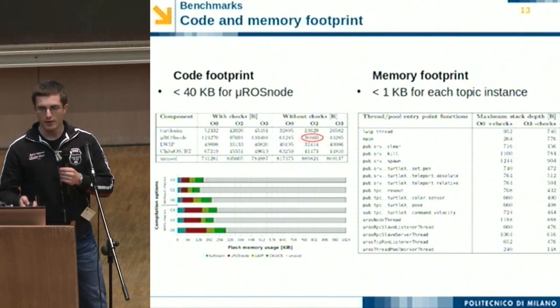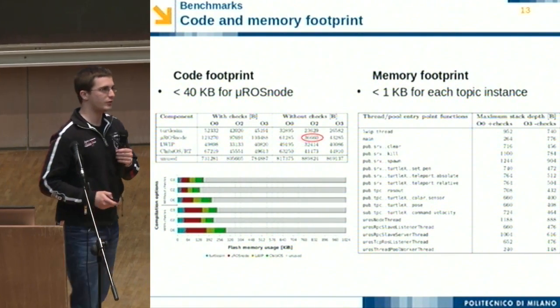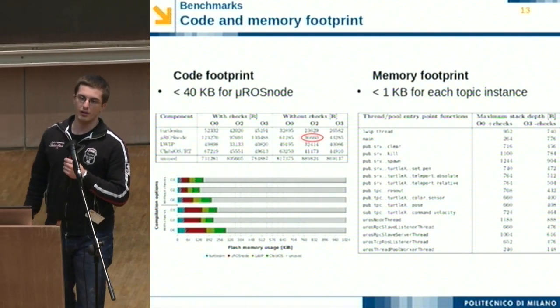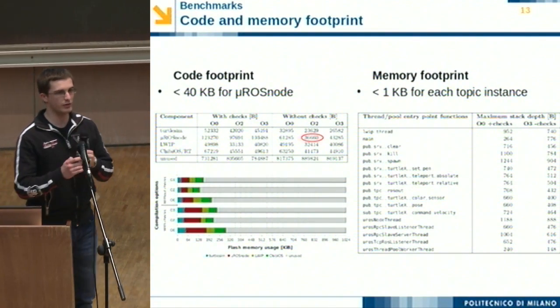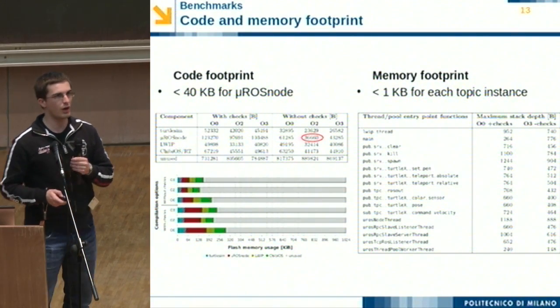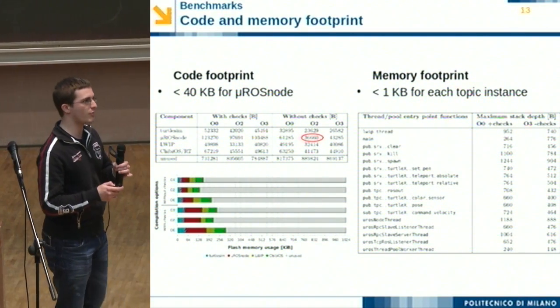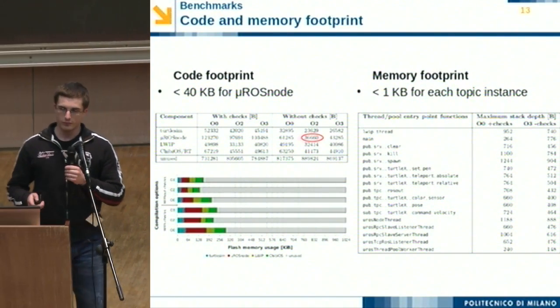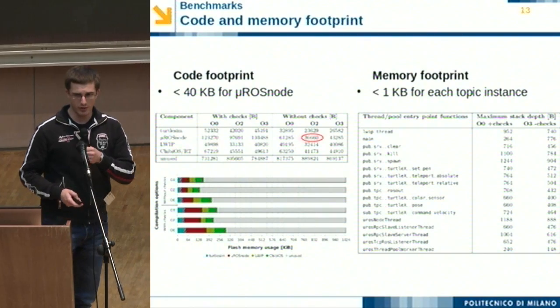So we wrote a TurtleSim clone firmware which was compiled with GCC at different levels of optimization. This was done to see how big it was on the program memory and on the RAM. So we have some numbers here.